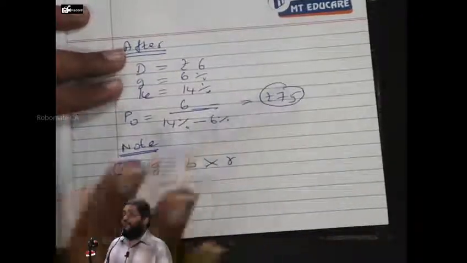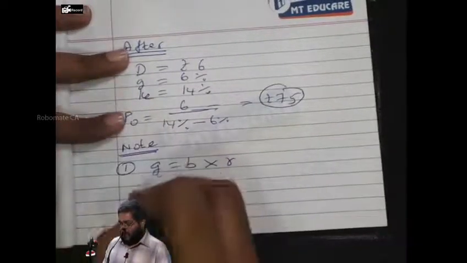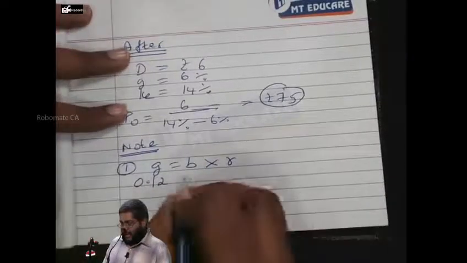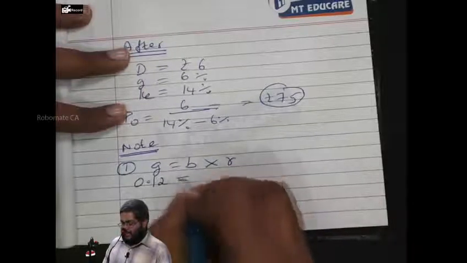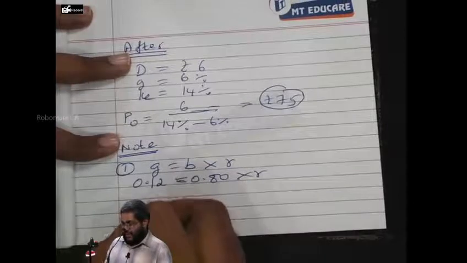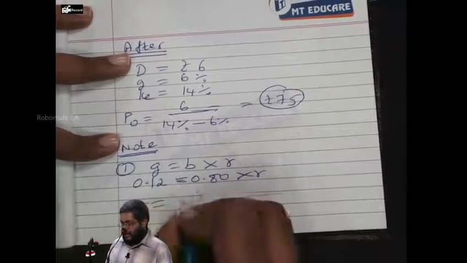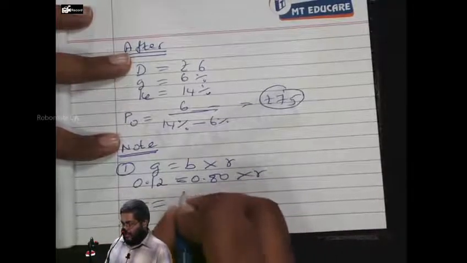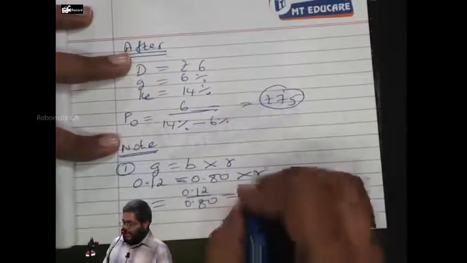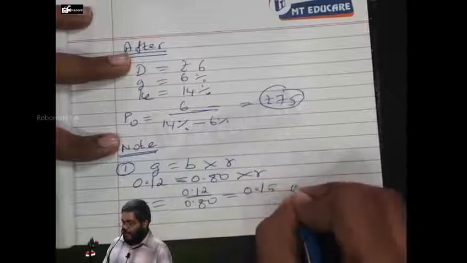With the founder, the growth rate is 12%, 0.12, and the retention is 0.80. So R is equal to 0.12 divided by 0.80. What is R? 0.15.